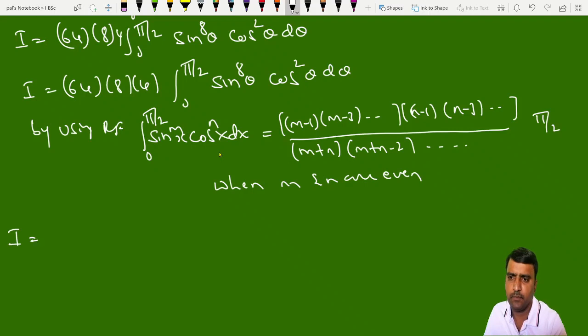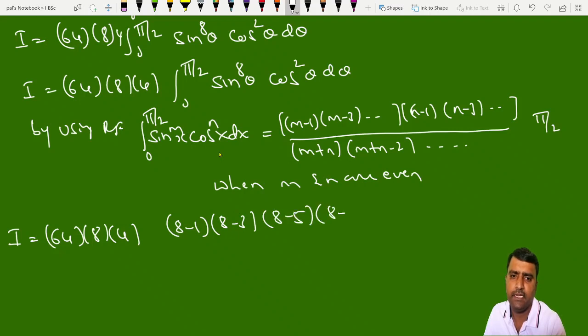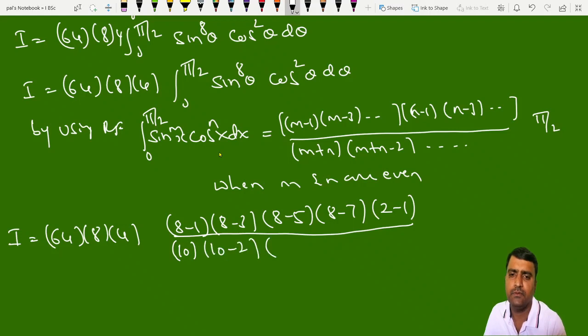I is equal to 64 into 8 into 4 into, using the reduction formula here, 8 minus 1 into 8 minus 3 into 8 minus 5 into 8 minus 7 into, again, 2 minus 1, divided by 8 plus 2 is 10, 10 minus 2, 10 minus 4, 10 minus 6, 10 minus 8 into pi by 2.